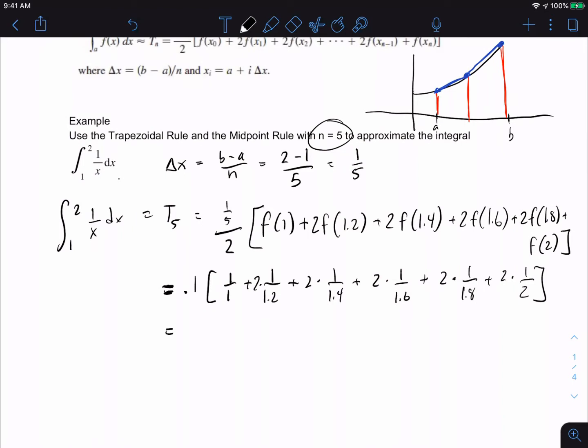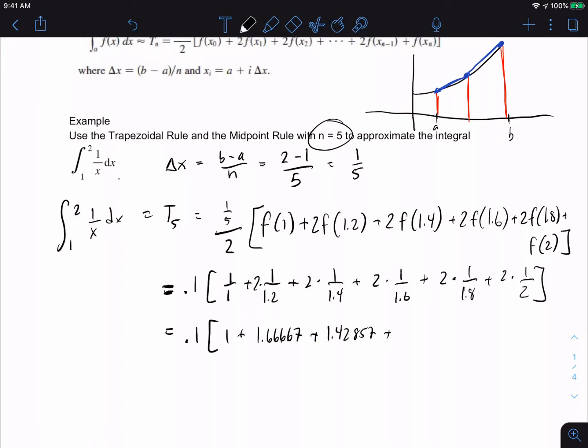So then from here, finding each of the values, you can use your calculator, that's fine. Well, let's do it. I'll get my calculator and do it. So I'm going to get 0.1 times 1 plus 2 divided by 1.2 is 1.66667 plus 2 divided by 1.4, 1.42857.